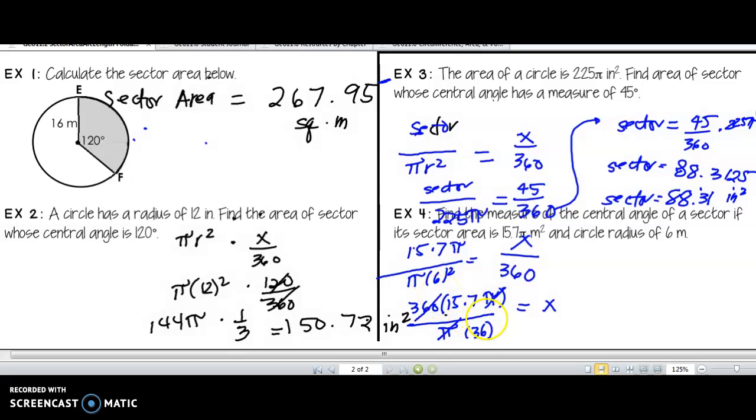So 360 divided by 36 becomes 10. 15.7 times 10 would be 157. So the final answer here, x, is equal to 157 degrees. That's the measure of the central angle. So those are some examples on how to use the formula for finding the area of a sector.